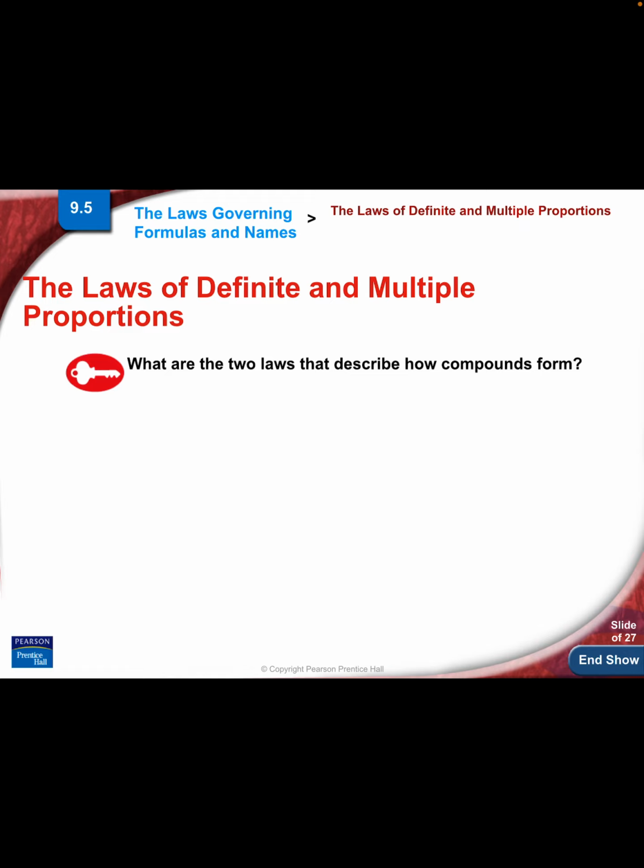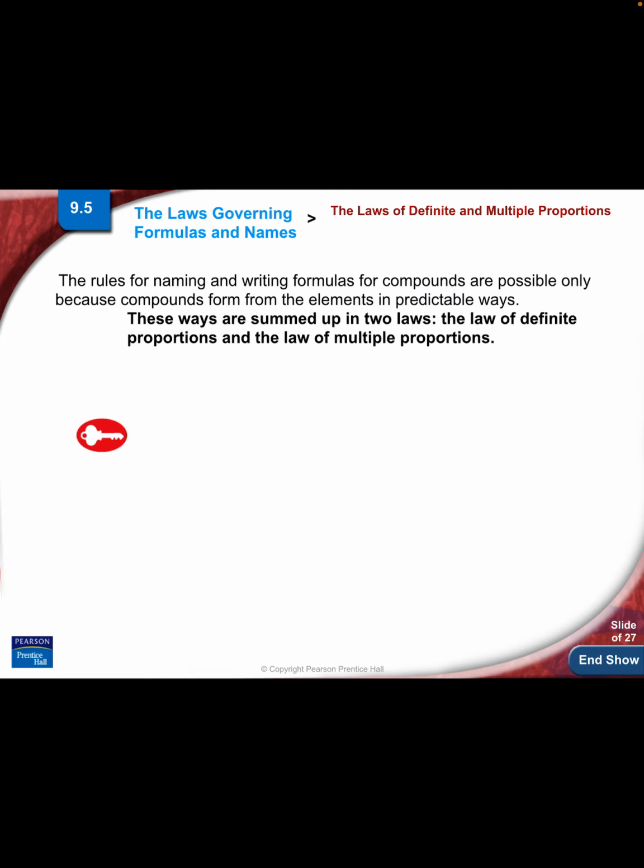Now, there are 2 laws that kind of describe how compounds form, and they're fundamental to all of chemistry. You may think they're rather obvious, but think about the times when these laws were first proposed. It wasn't so obvious.